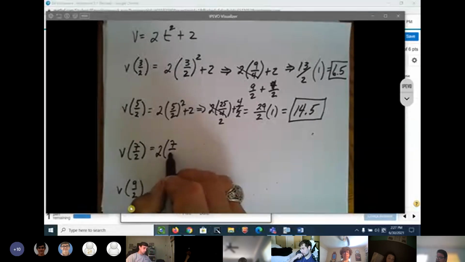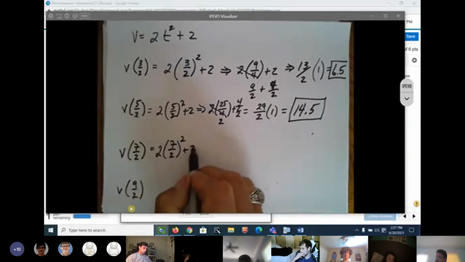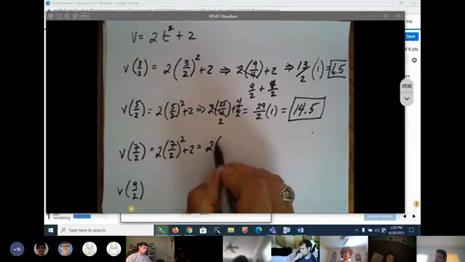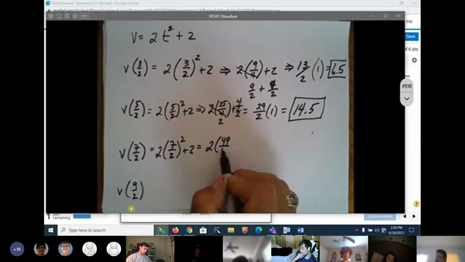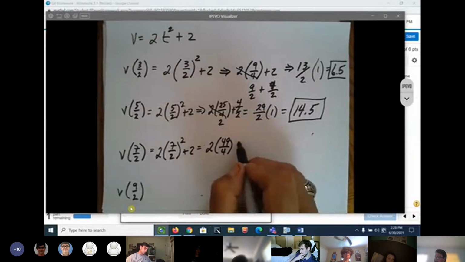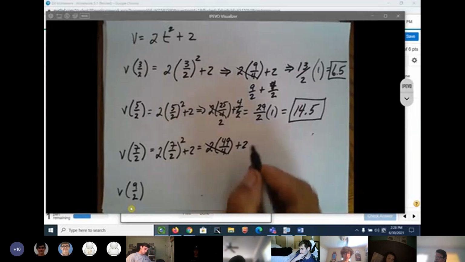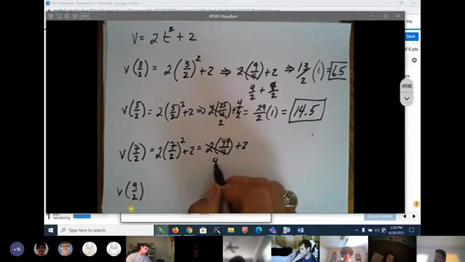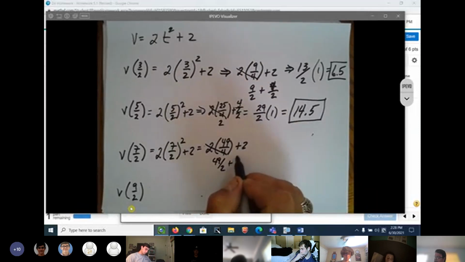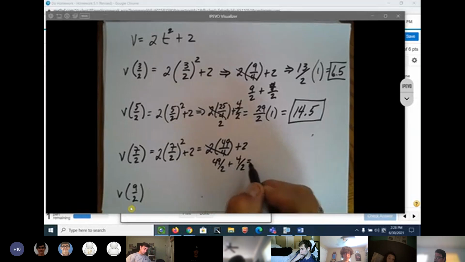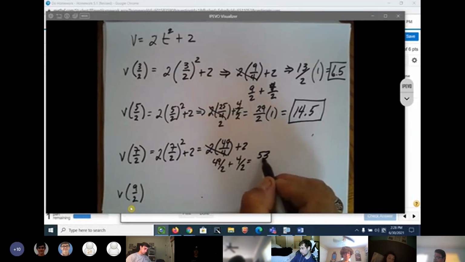2 times 7 halves squared plus 2. 2 times 49 fourths plus 2. That's 49 halves plus 4 halves is 53 halves.